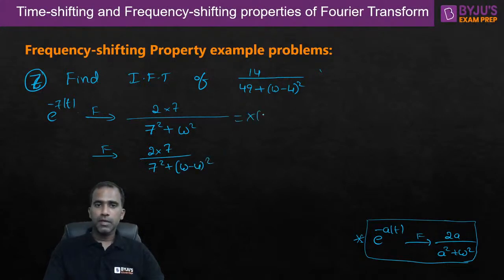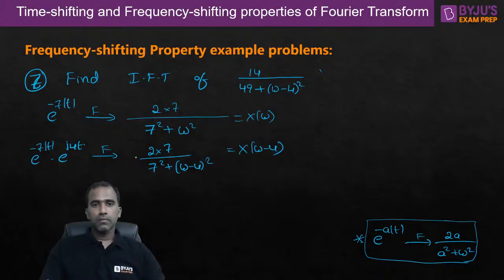So if this is x of omega, this is like x of omega minus 4, omega replaced with omega minus 4. So the inverse Fourier transform is the same time function multiplied with e power j, variable is t, and shifting part is minus 4, so it will be plus 4 here, j4t. So the answer for this is e power minus 7 mod t into e power j4t. Okay, that is the answer.